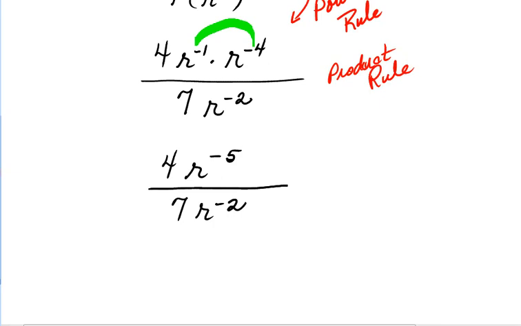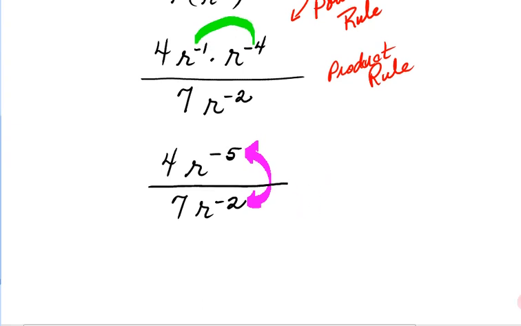What comes after the product rule in the list of order? Quotient. Do I have a quotient? Yes, I have. What do you do when it's a quotient? You subtract. Now, I'm going to leave my 4/7 because I can't do the division here.